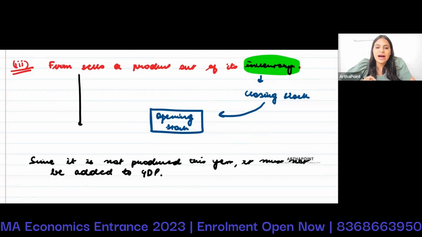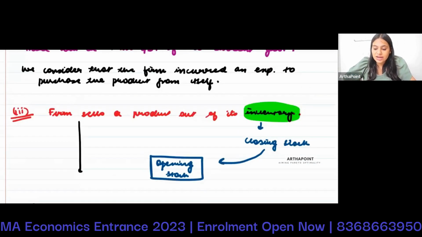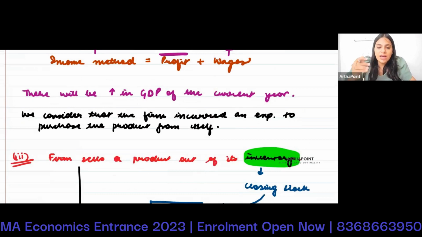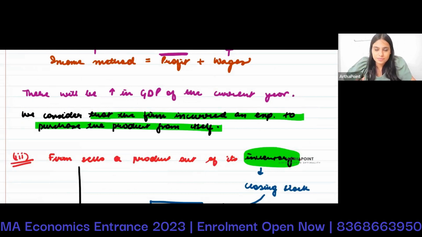But I can also give a second explanation of this. We just said that when the firm had inventory, the year it did not sell its product, it is as if it purchased its product from itself.